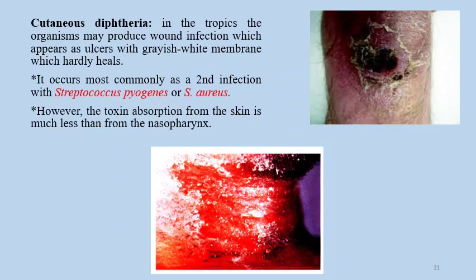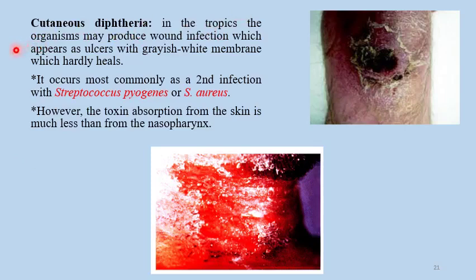Cutaneous diphtheria. We shouldn't forget that, as we said at the beginning, the infection can be on the skin or in the throat. In the case of cutaneous diphtheria, which occurs in the tropics, the organism may produce wound infection which appears as ulcers.